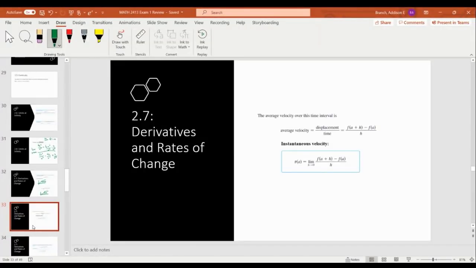As our time interval approaches 0, we'll take our limit as our time interval approaches 0. So that's going to be our new formula. Our limit as h approaches 0 of f of A plus h minus f of A over h is going to be our new velocity formula whenever we're talking about instantaneous.